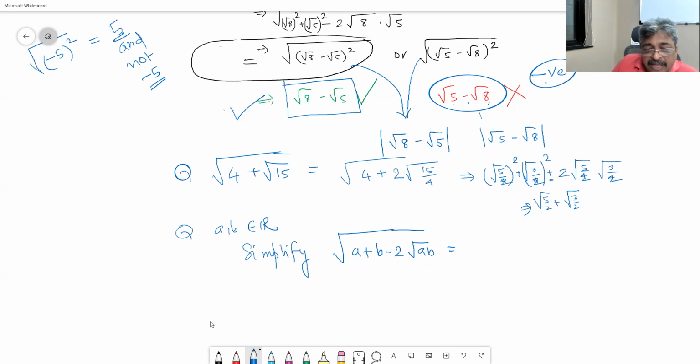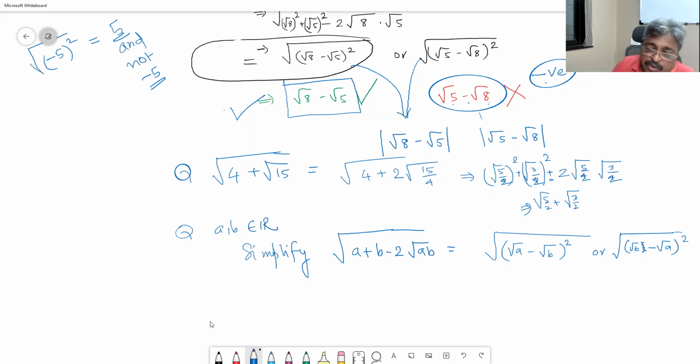So first, of course, the method of completing the square, etc., you will have to do. Root A minus root B squared, or root B minus root A squared, something like this you have to process.